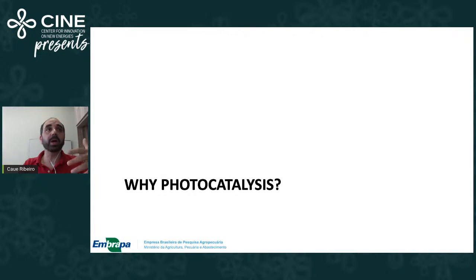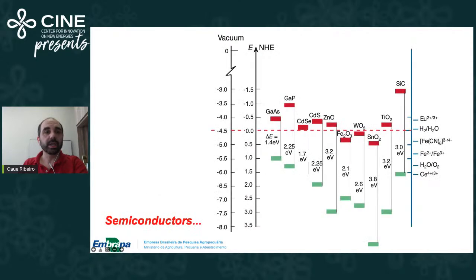The most important part of photocatalysis lies in the property of many semiconductors. For instance, almost all the oxides that we can produce, but not only oxides, when they are irradiated with the proper wavelength, produce an electron-hole pair that can be used to produce reactions in general.